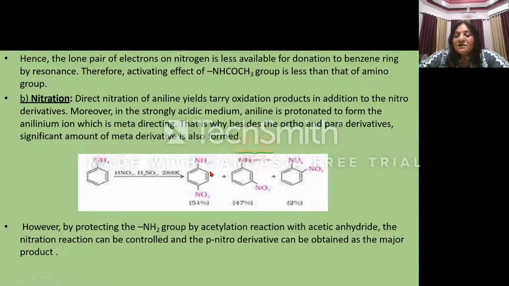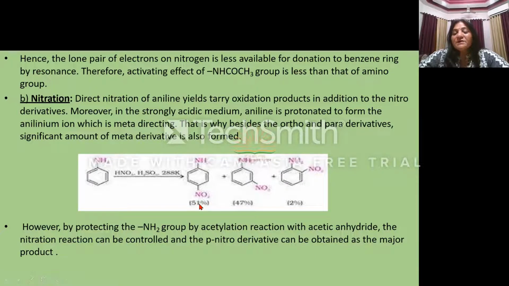So the major electron density is at the meta position. Due to the formation of the anilinium ion, it decreases the electron density at the ortho position. So ortho product is only 2%, meta product is 47% and para product is 51%.